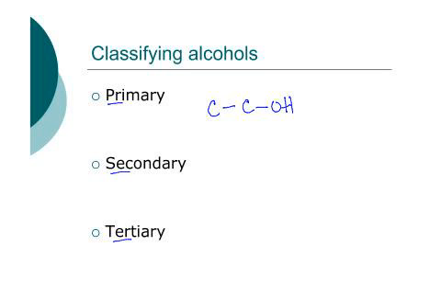So what I mean by a primary alcohol is that the alcohol group, the OH group, is attached to a carbon that's attached to only one other carbon. All right? And so this would be an example of a primary carbon. You'll see that the carbon holding the OH group is only attached to one other carbon. And we can also talk about secondary alcohols. That might be something like this.